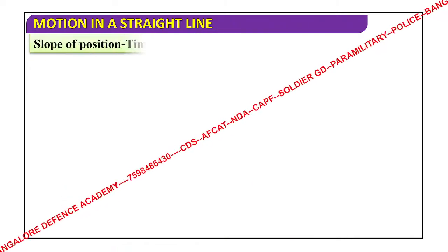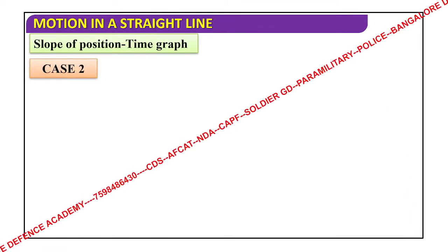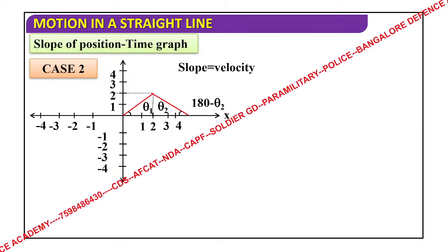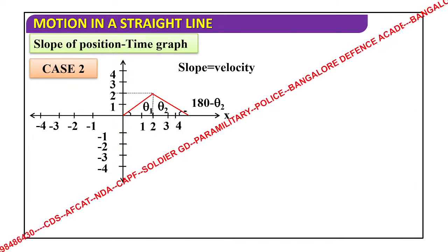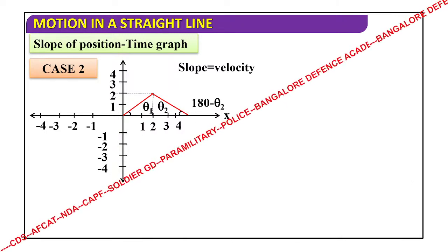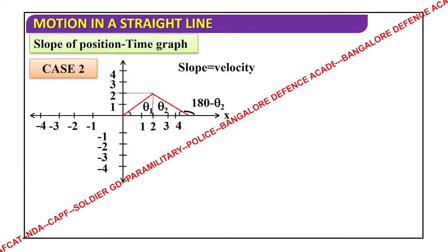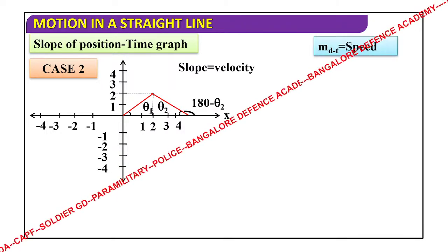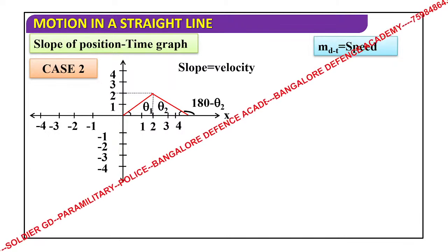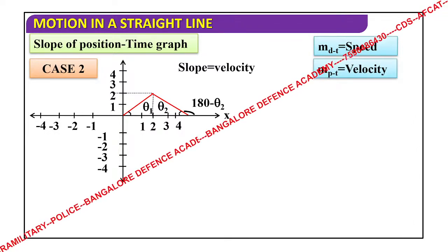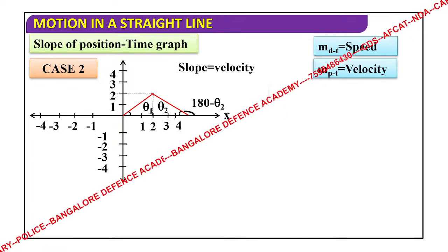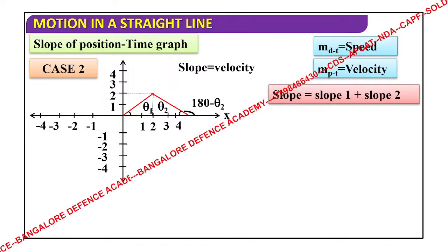Okay, next, slope of position-time graph, case 2. This is with the help of the angle. You can see I'm going to make an angle that is 180 minus theta 2. So the distance traveled and the time taken, that is the speed. And now here you have the velocity, another slope of the second line.